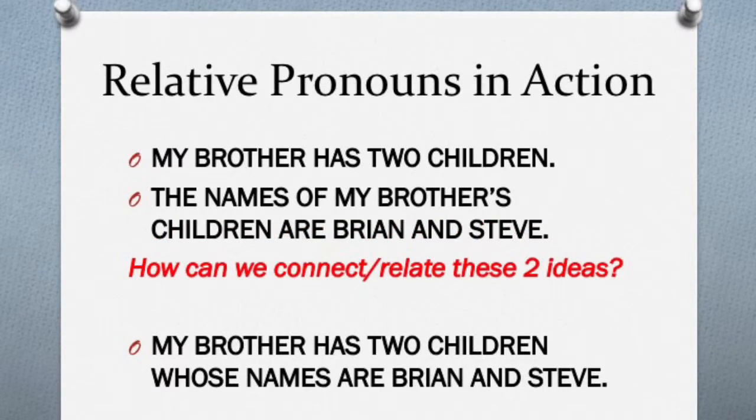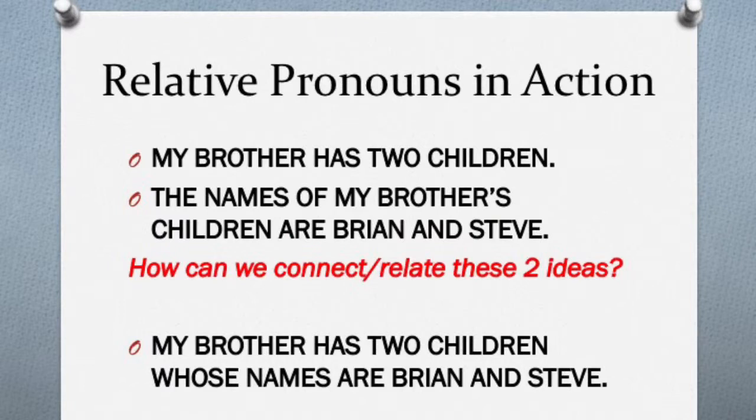Let's take a look at how the relative pronoun is used in this example to join together two simple ideas about two facts about my brother. One is that he has two children, and the other fact is the names of the children. Notice that I'm using the relative pronoun whose to talk about the children, because in the second sentence I am communicating the names of the children.